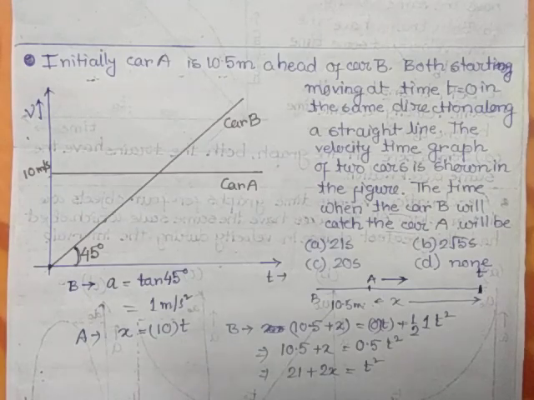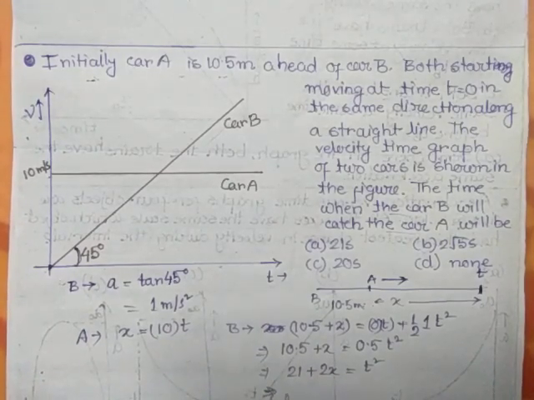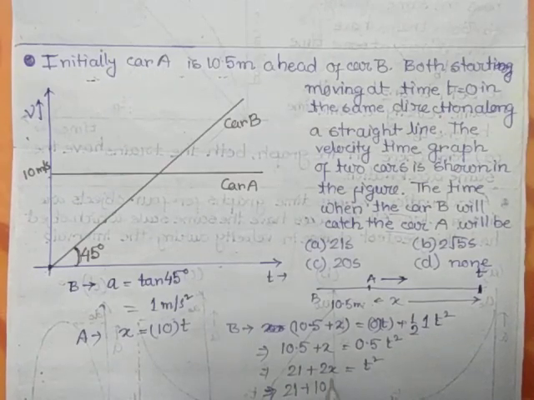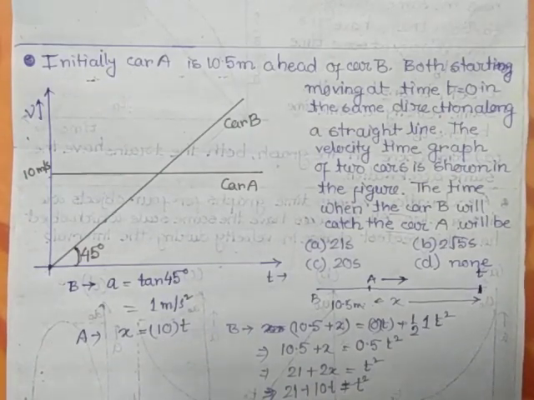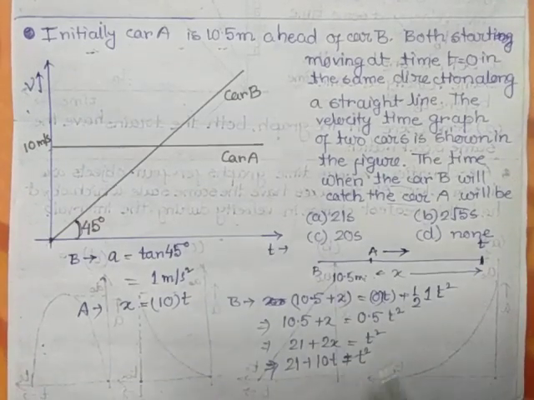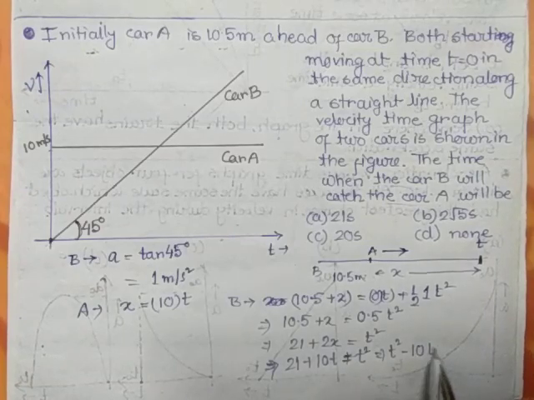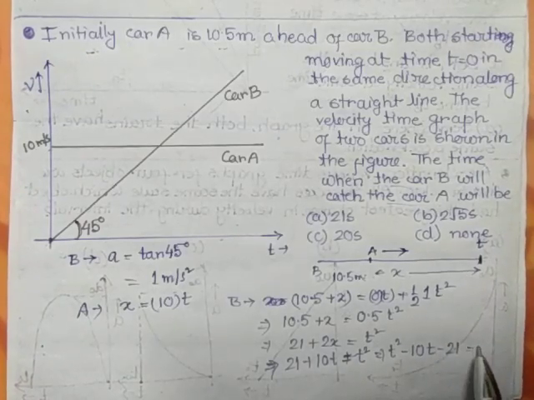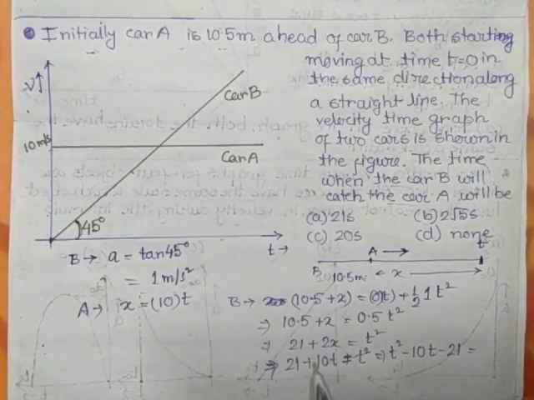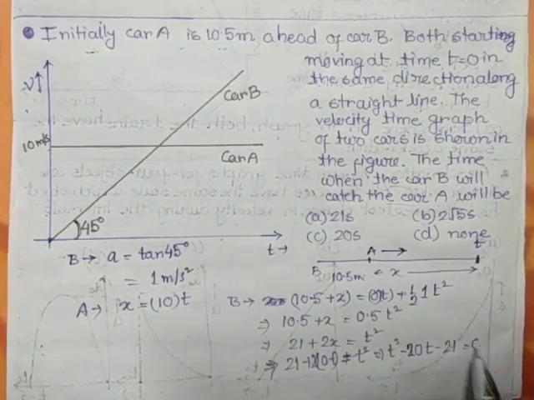We have x, and if I replace x by 10t, then it will be 21 plus 20t equals t squared. So t squared minus 20t minus 21 equals 0.